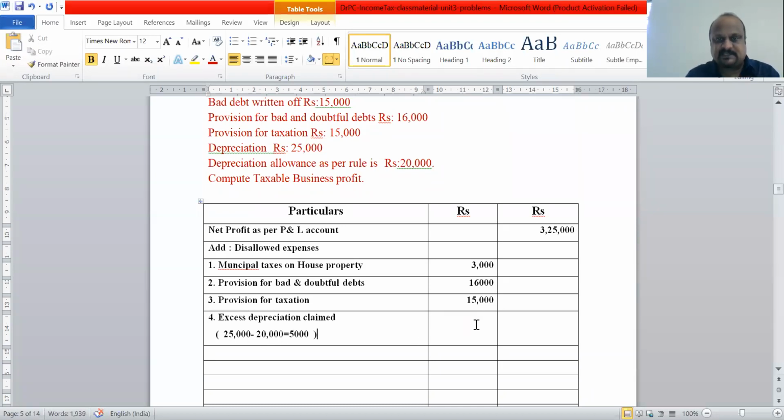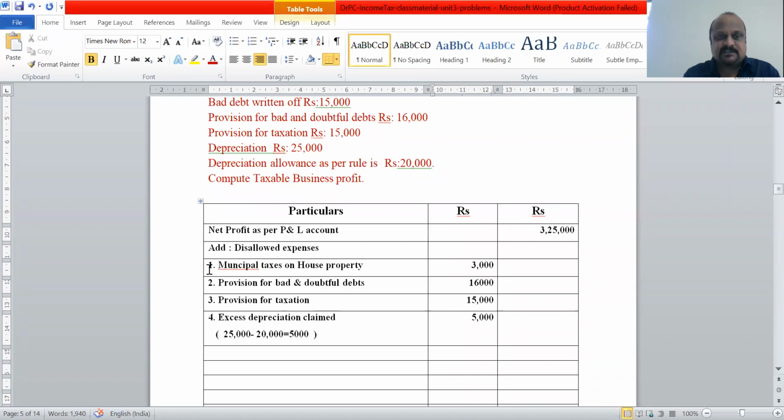So excess depreciation claimed is 5,000. Why 5,000? Because he has used depreciation of 25,000, but the rule says that only 20,000 is allowable. So whatever he has claimed more here should be added back.